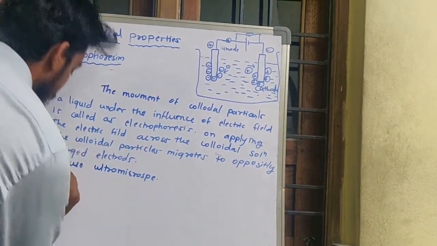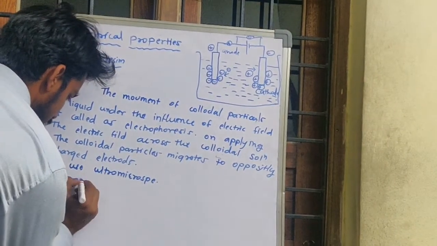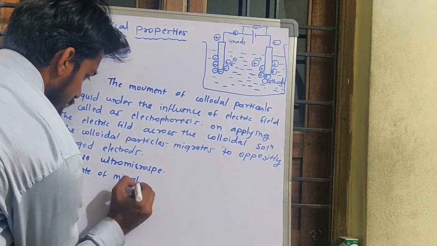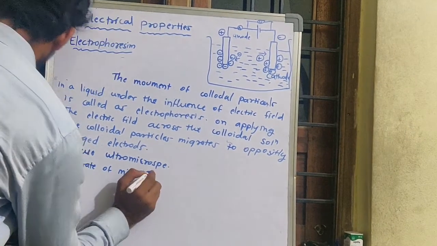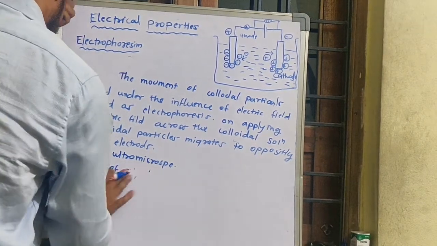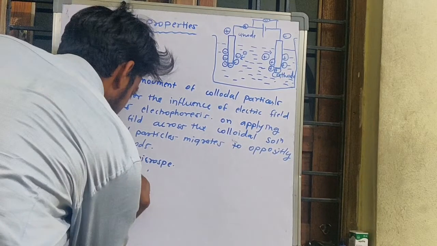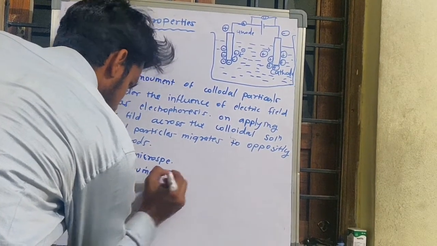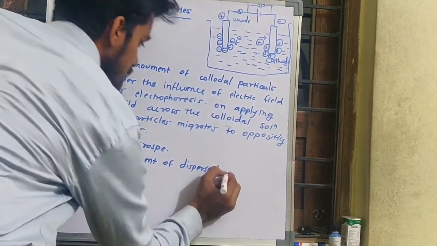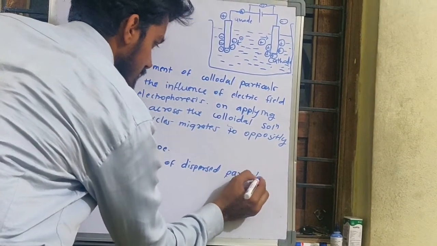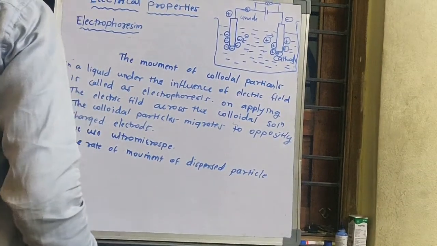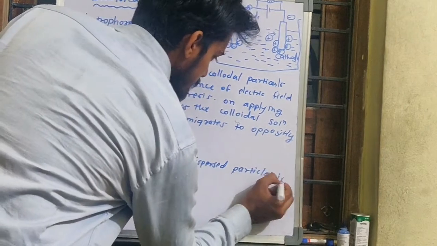So what is the zeta potential? The rate of movement of the dispersed particle is directly related to the zeta potential.